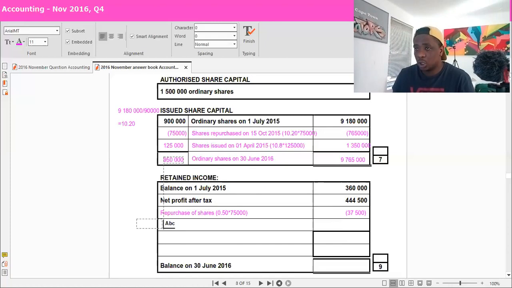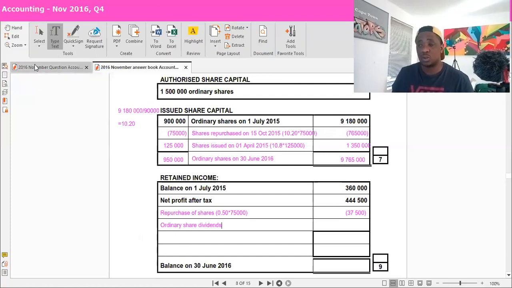And then moving on to dividends. So let's start by saying ordinary share dividends. For ordinary share dividends, let us see where we can find that information.